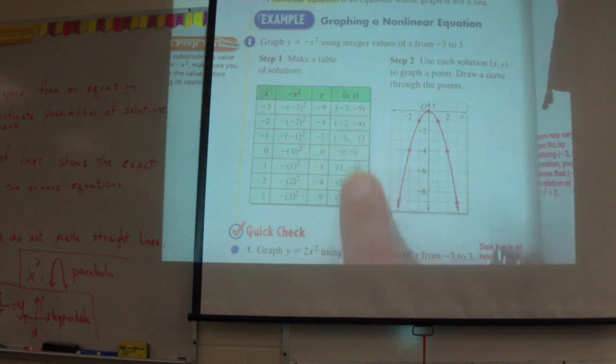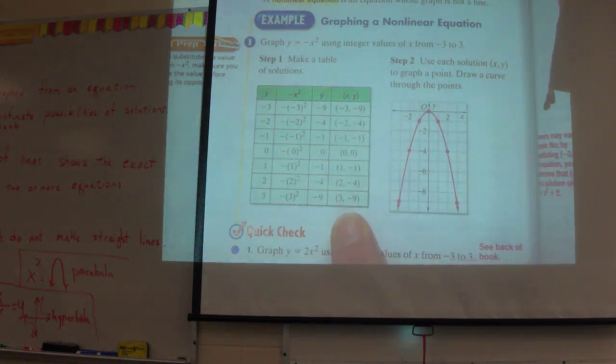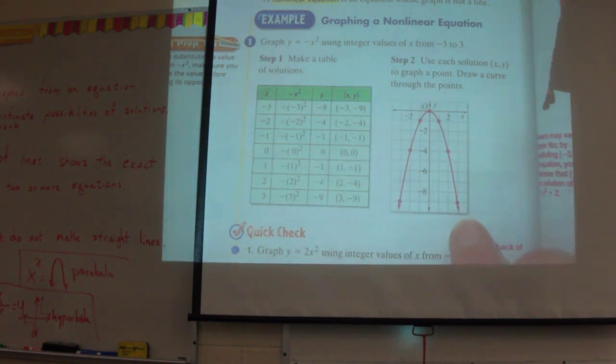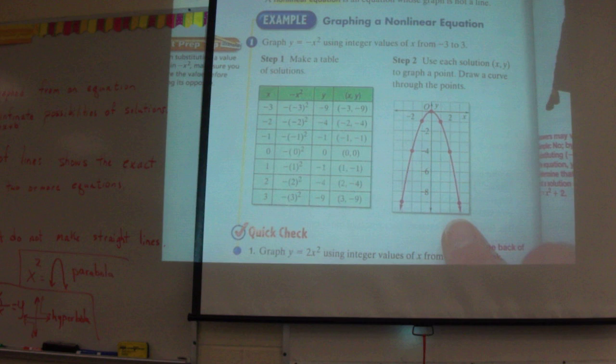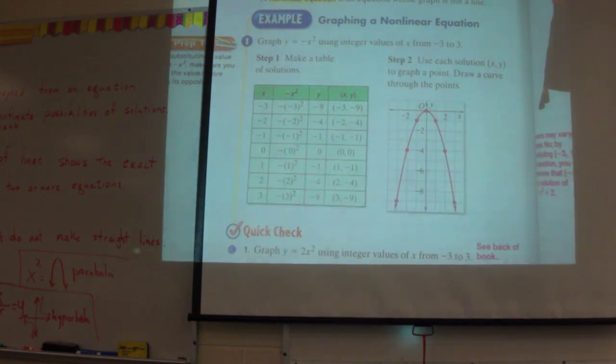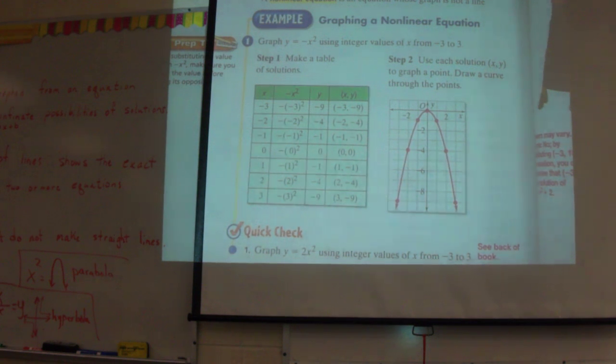And you can see they finished the table with all of these ordered pairs. Then when they graph them, it makes a U shape. Notice the arrows on the ends, because that means that this shape goes on to infinity, just like a line does. So all of the things not shown on that graph are also going to be part of the solution set as it continues to go on.